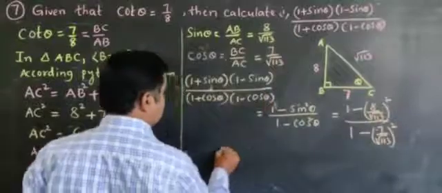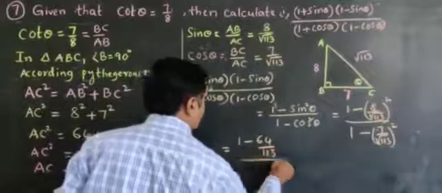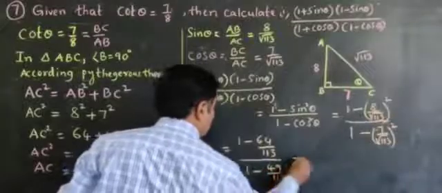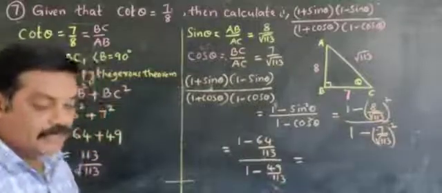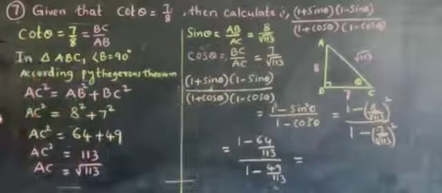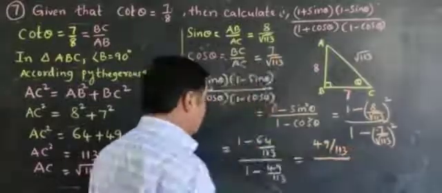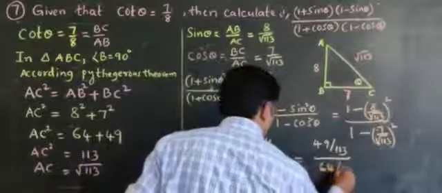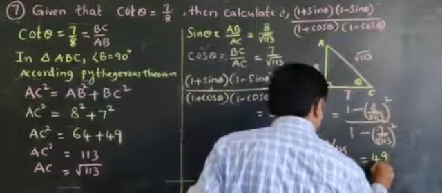So what do we get? 1 minus 64 by 113 by 1 minus 49 by 113. 113 ones are 113, minus 64 we get 49 by 113. The same way, 113 minus 49 we get 64 by 113. So 113 cancels. So our answer is 49 by 64.